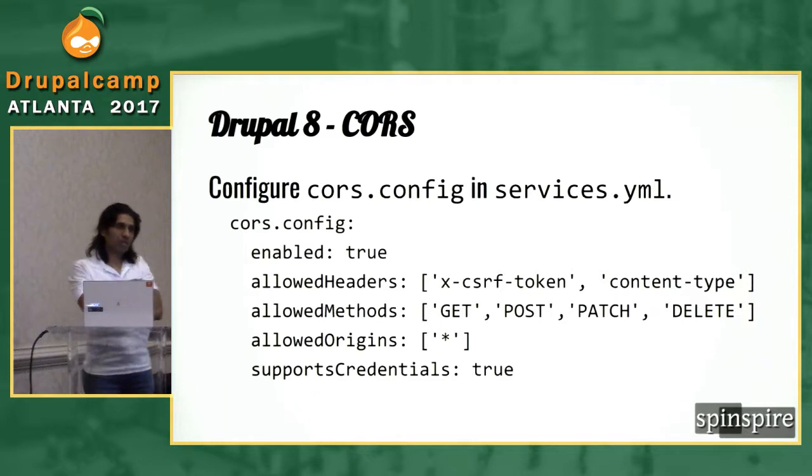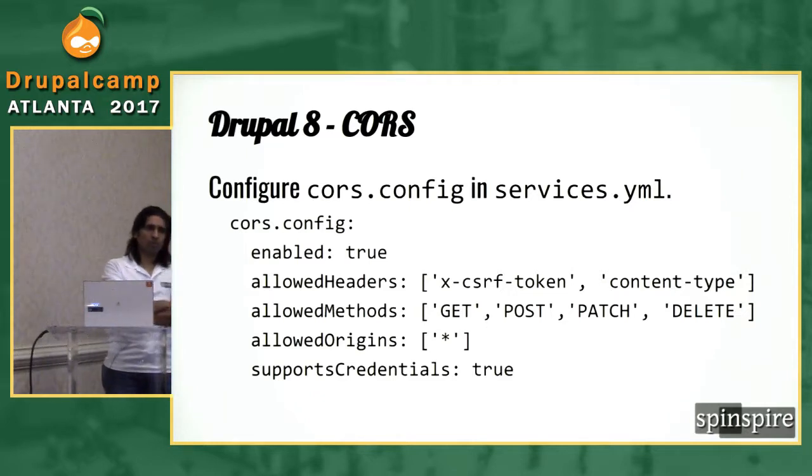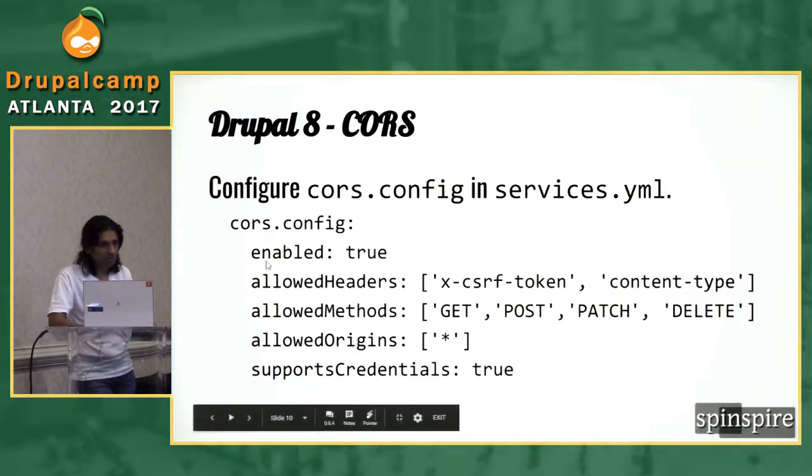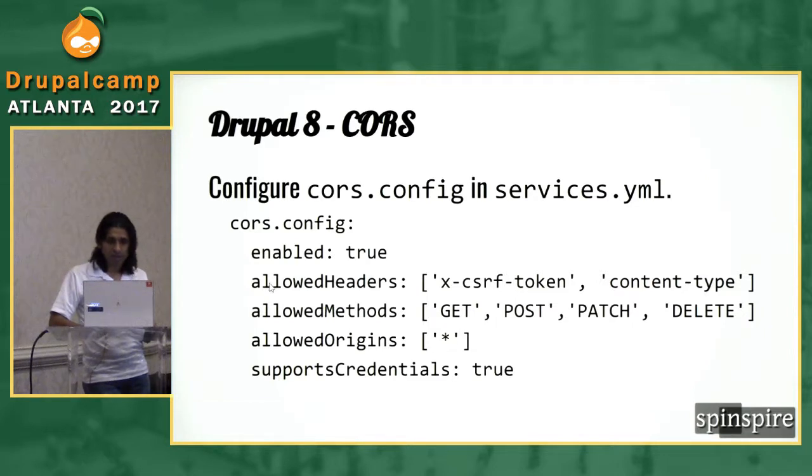And CORS, which is cross-origin resource sharing, sorry, is a term used in the AJAX or RESTful services world. Cross-origin resource sharing needs to be configured. So first of all, CORS config has to be enabled, true. This is not on by default. You have to allow specific headers.